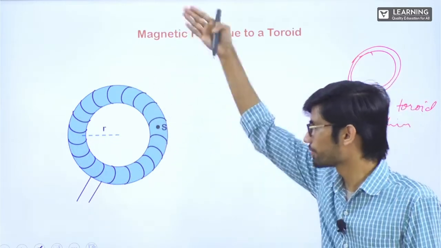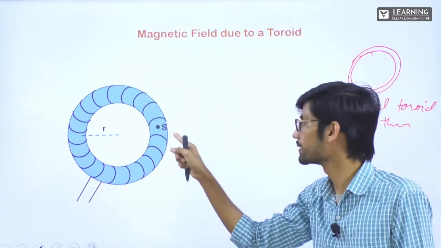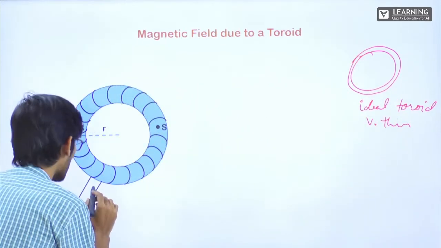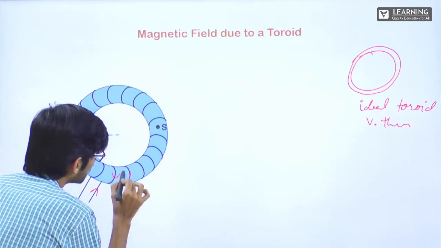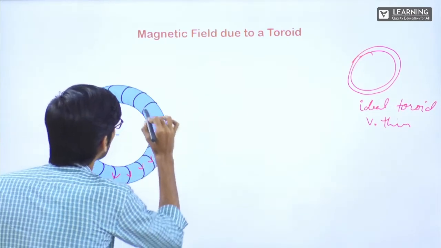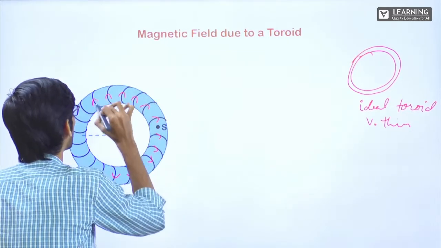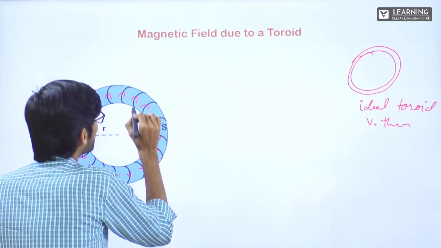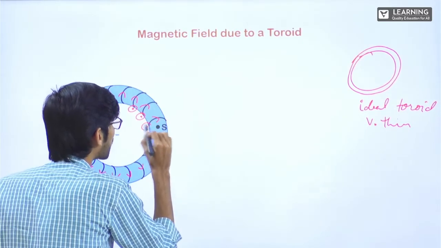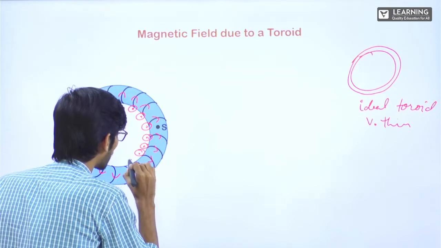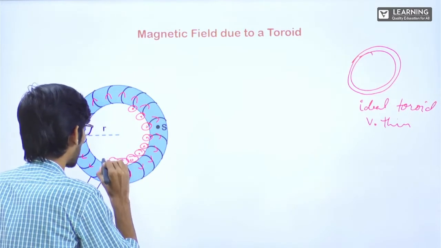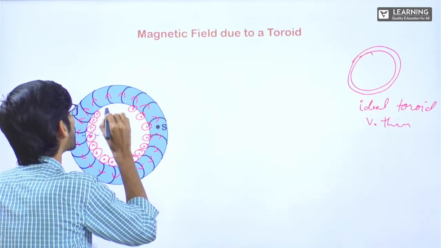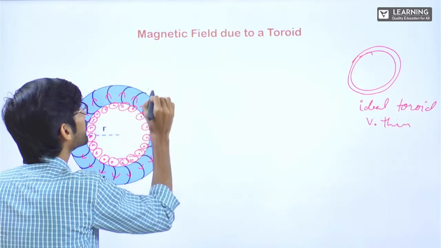If I do a cross section, then at the hollow part, this S is inside. So here I have to take out the magnetic field. Let me just draw the current again. So from here it is going like this. So here it is coming out. And here it is going in.